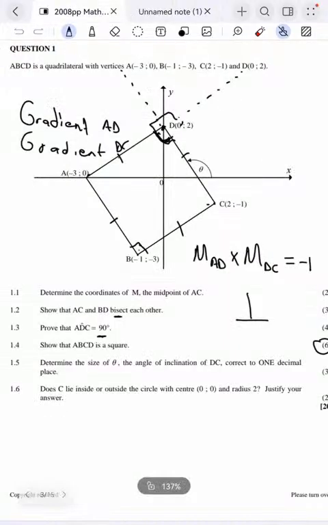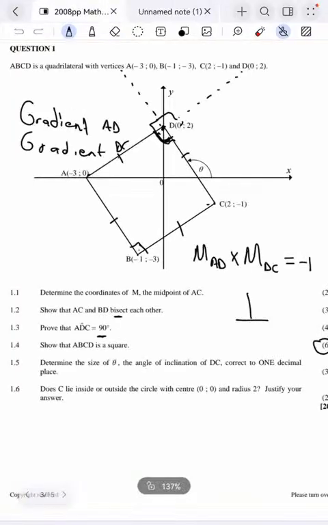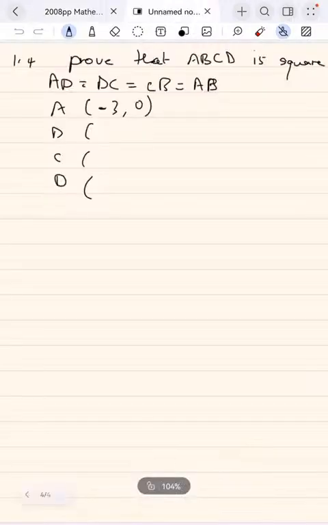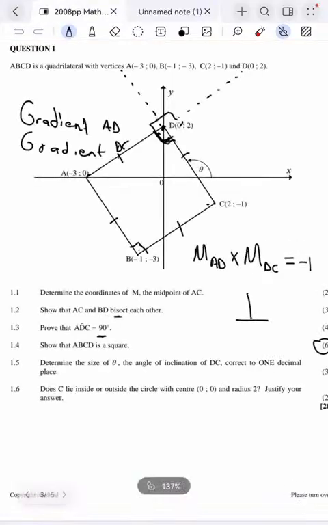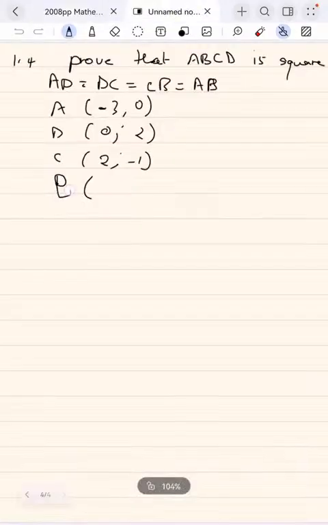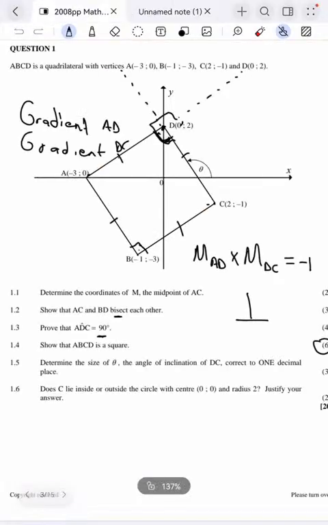The coordinates of A are minus 3 and 0. The coordinates of D are 0 and 2. The coordinates of C are 2 and minus 1. The coordinates of B are minus 1 and minus 3. Let's just verify that: minus 1 and minus 3.